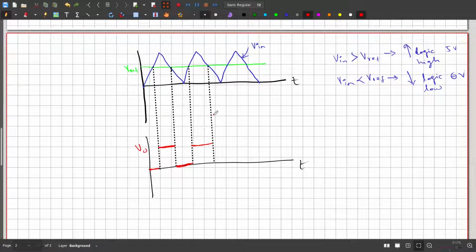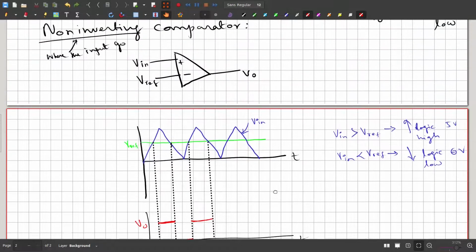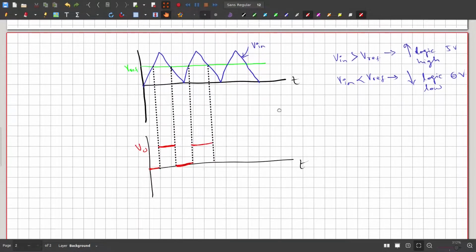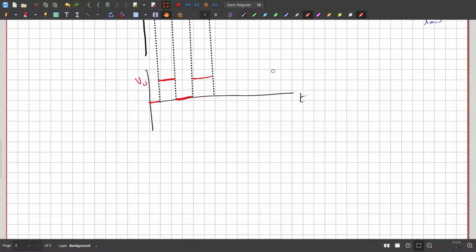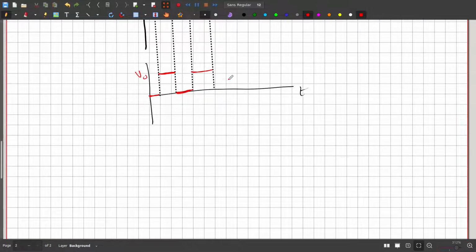Now let's see how the output of an inverting comparator looks. It is the inverse. Let me draw it again. So this is an inverting comparator.